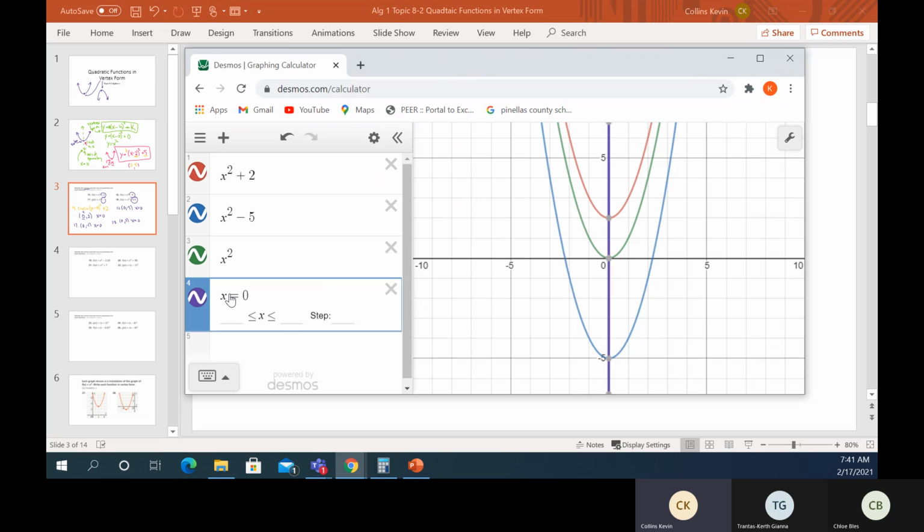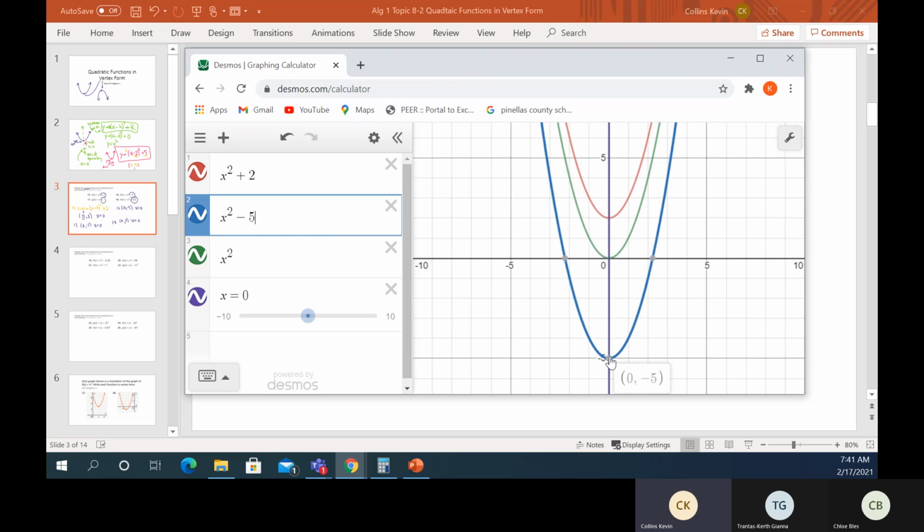So you see that purple line divides each of our parabolas into mirror image pieces, right? So the axis of symmetry is always just the first value of the vertex. As you can see right here, the first value of the vertex is 0. X equals 0 is this line running up through the middle here. All right. Pretty easy so far.